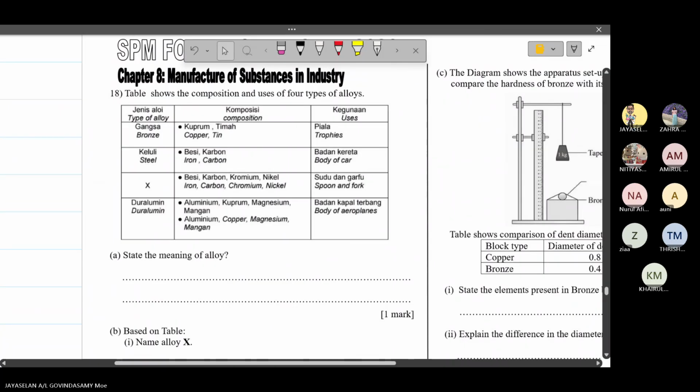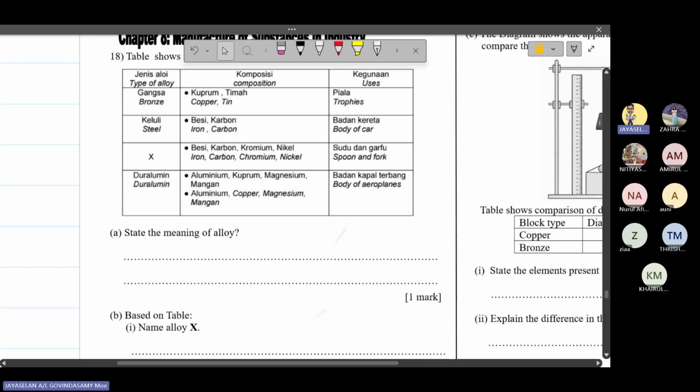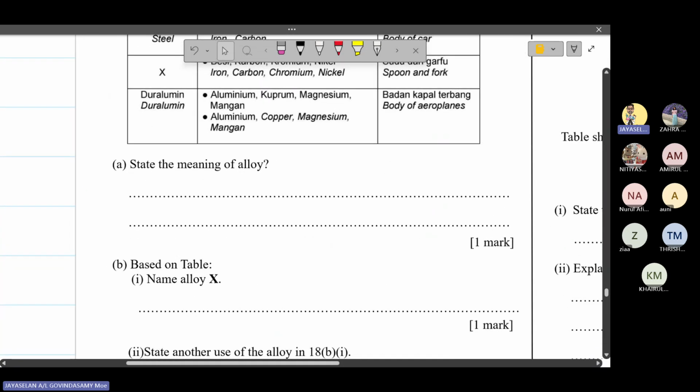So this year SPM, we target alloy. So what is the definition of alloy? Very simple.